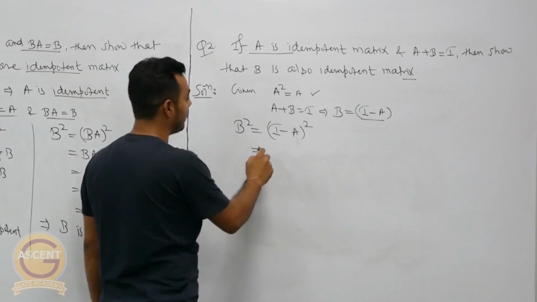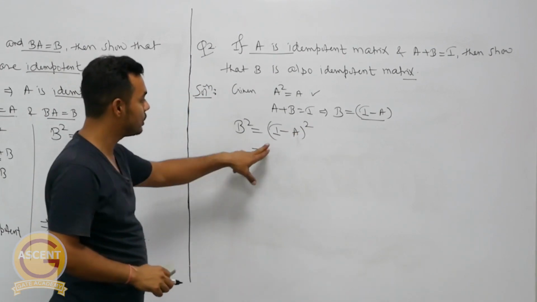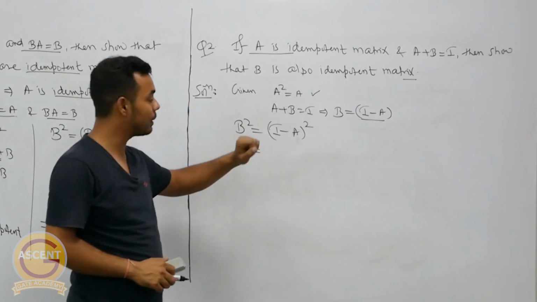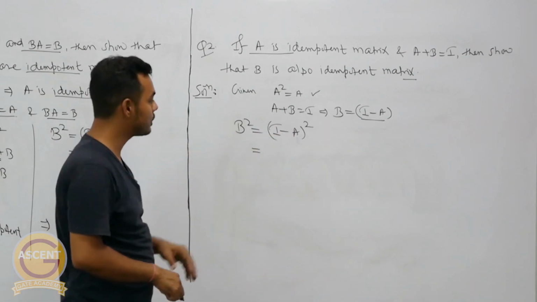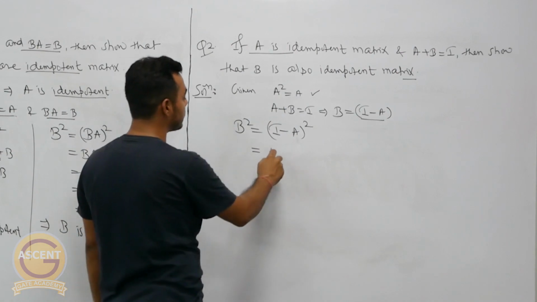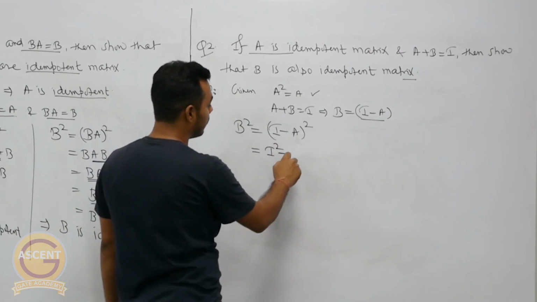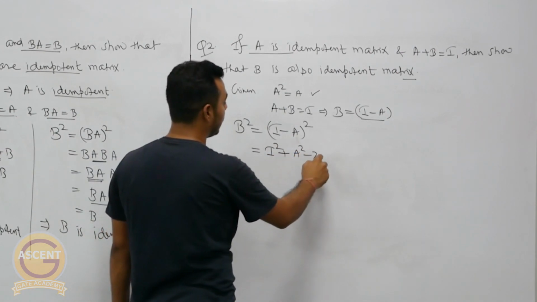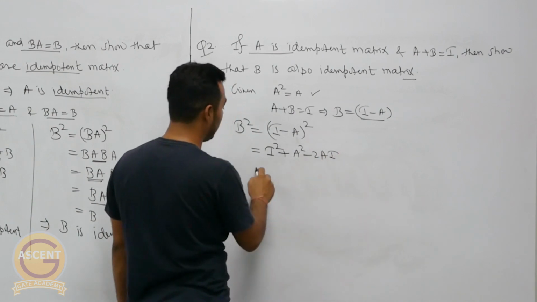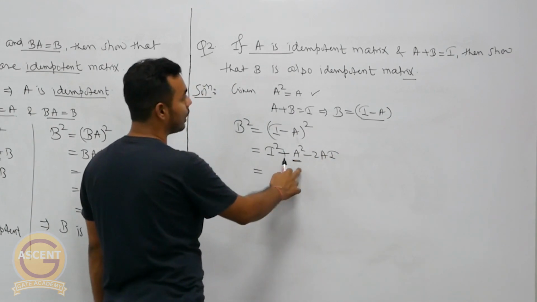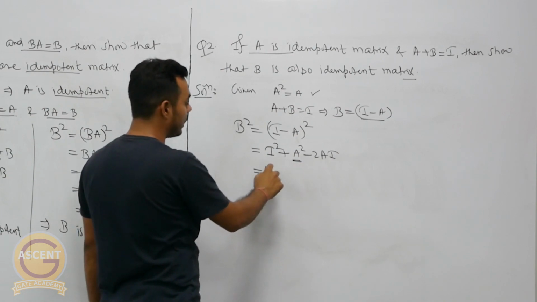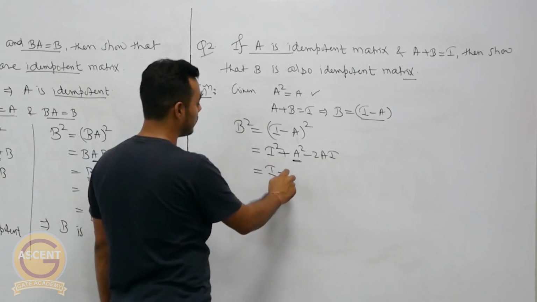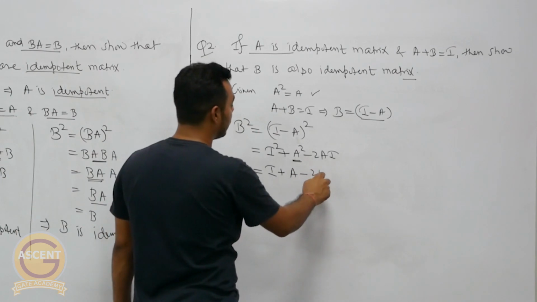Now since A and I are commutative matrices, this we have seen in our earlier discussion, here we can apply the formula of a minus b whole square. So I can write this as identity square plus A square minus 2 times A into identity. Now in place of A square we can write matrix A because it is given that A is idempotent. Identity square is identity, so identity plus A minus 2A.